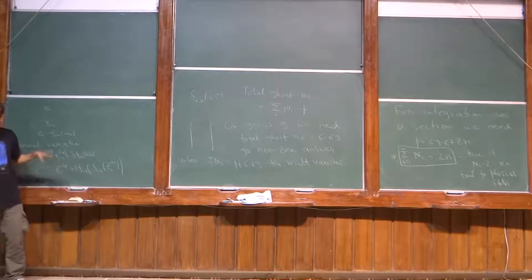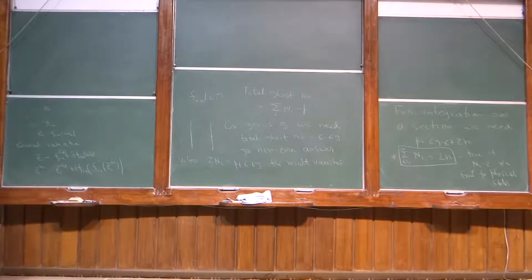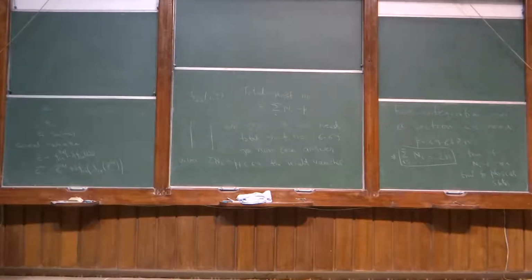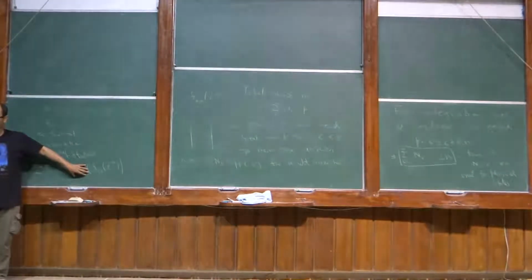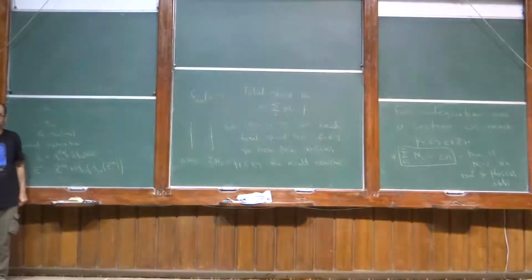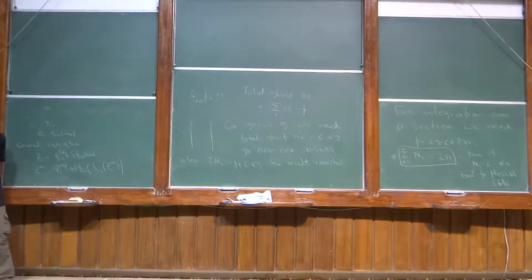But if we allow it to be singular inside the disk, then all possible 6g minus 6 plus 2n deformations along M_g,n can be obtained simply from this function. You have to allow for an appropriate number of poles to get the general variation.